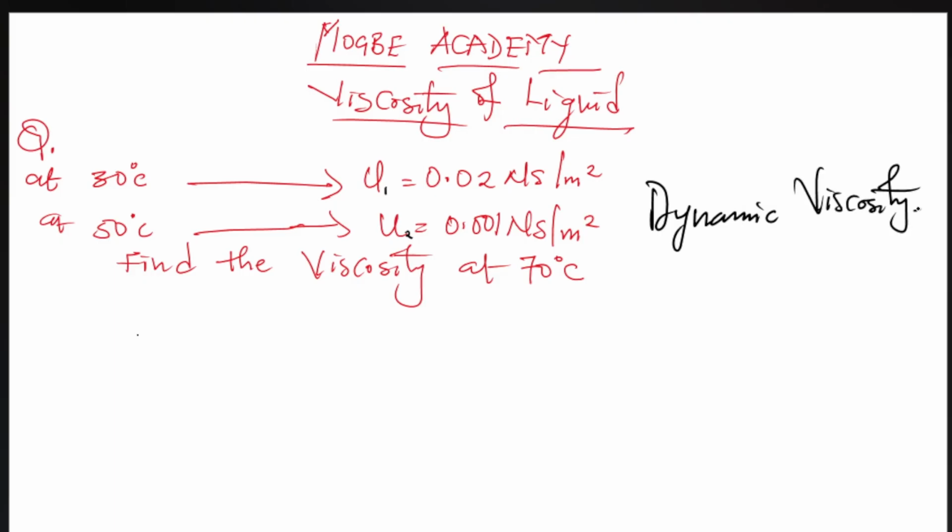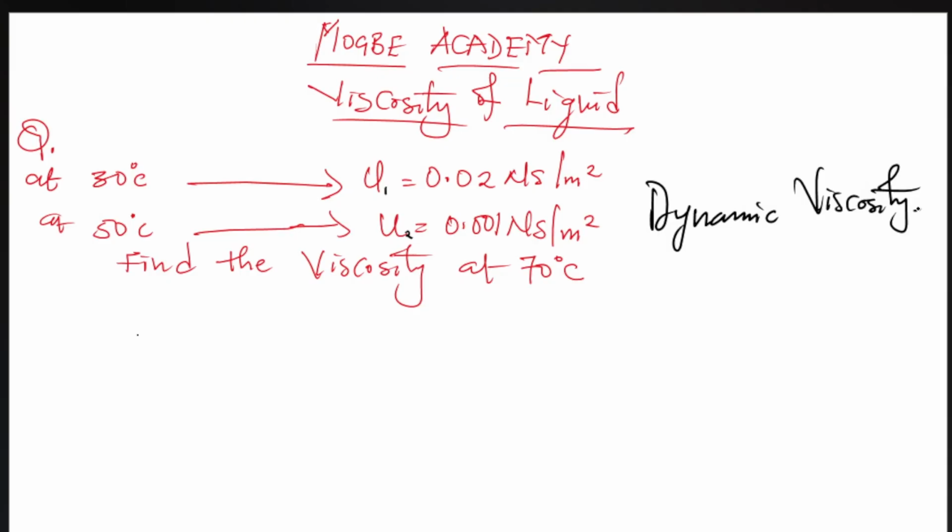Now, look at the question too. The question is simply stating that with every increase in temperature, there will be a reduction in viscosity. So if your temperature is increased to 70 degrees Celsius, what will be your viscosity? Now take down the equation for viscosity of a liquid.